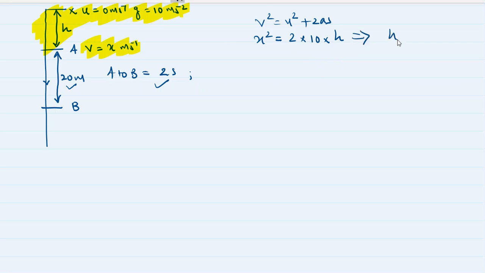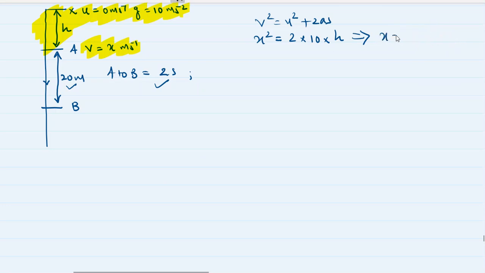This will become h is equal to, hey, we want x in terms of h, right? Not h in terms of x. Anyways, we get h is equal to x square by 20, or let me write that the other way.